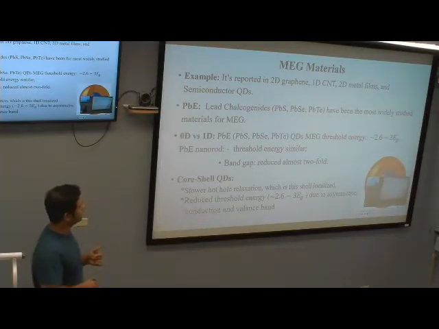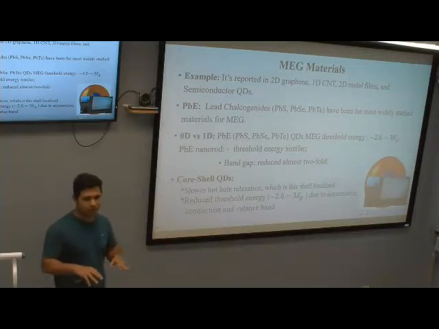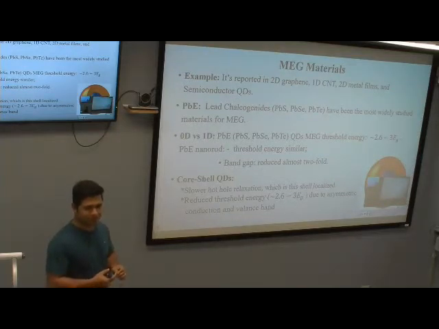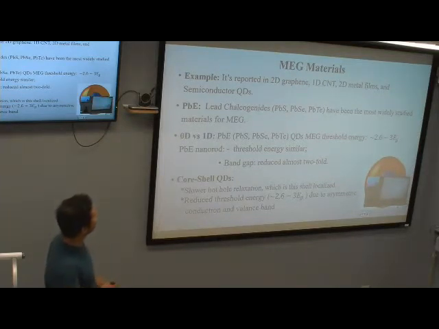Another one is about the 2D graphene. Should it be graphene? No, graphene sheet, a 2D nano frame. But it's metallic. Yes, it's metallic; the band gap is not open for graphene.